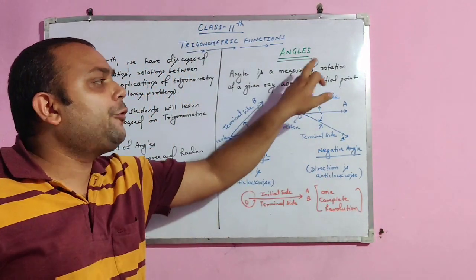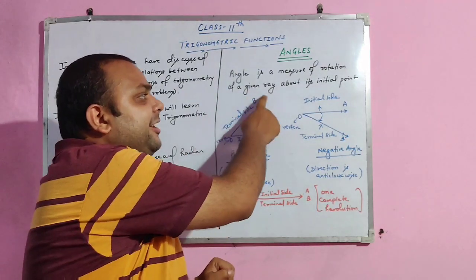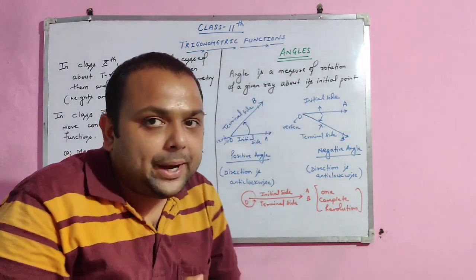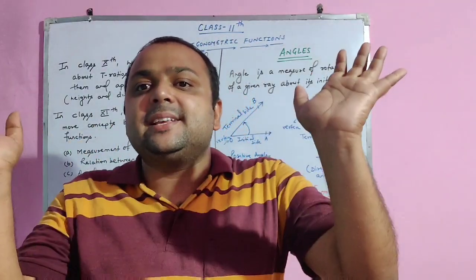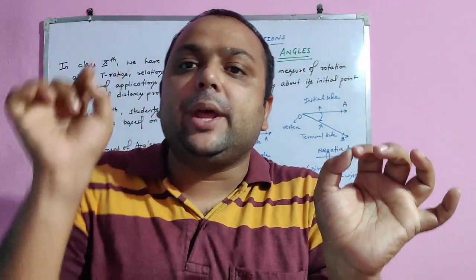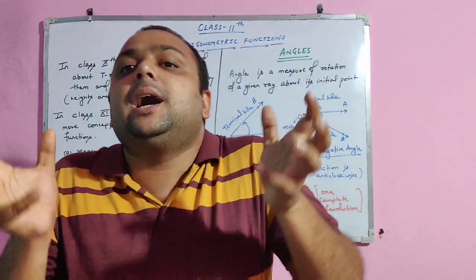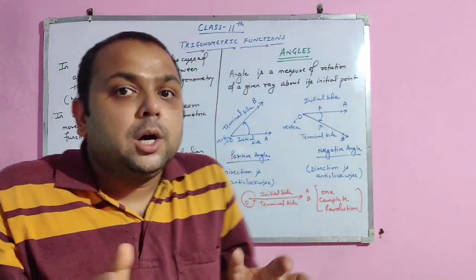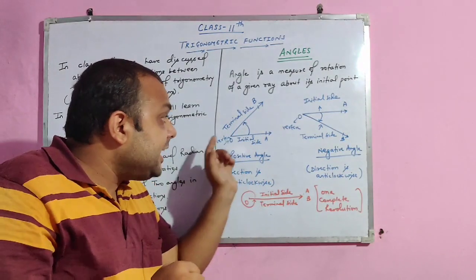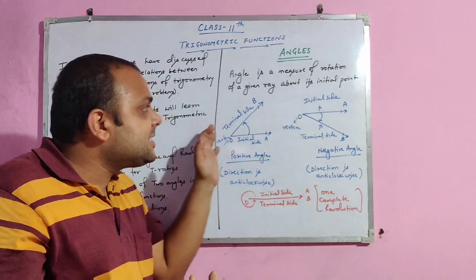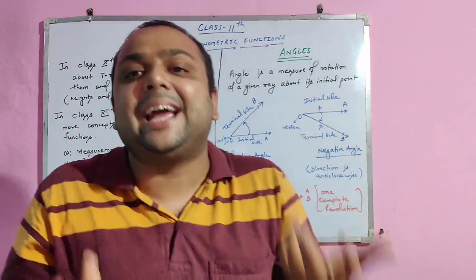Angle is a measure of rotation of a given ray about its initial point. For an angle we have two rays, and the arc between the two rays is said to be forming the angle. The first ray is called the initial ray or initial side, and the second ray is called the terminal side.